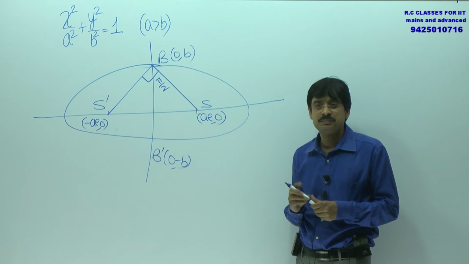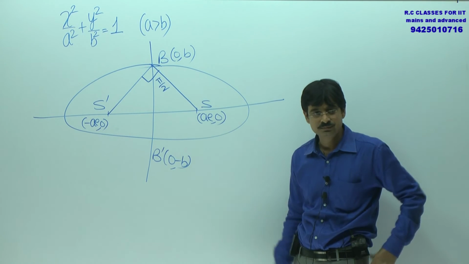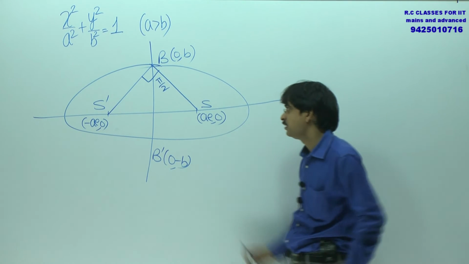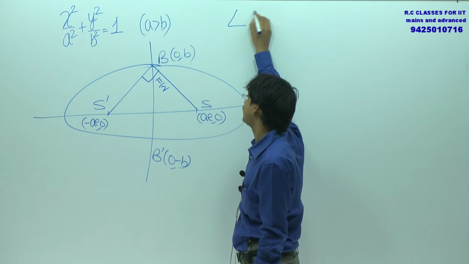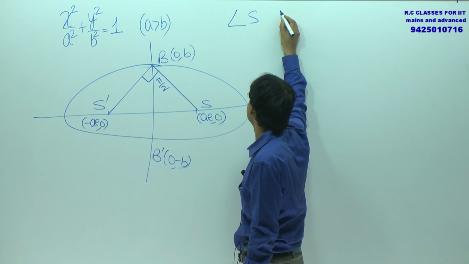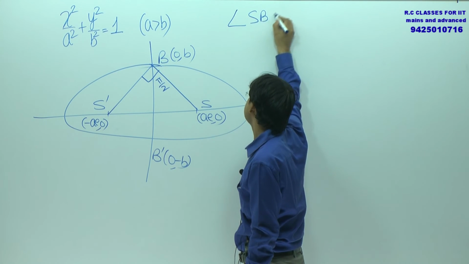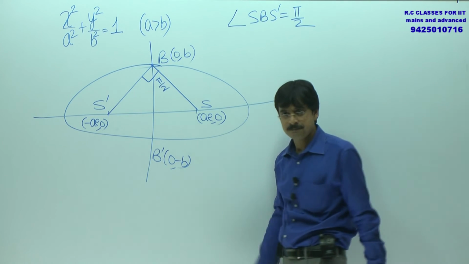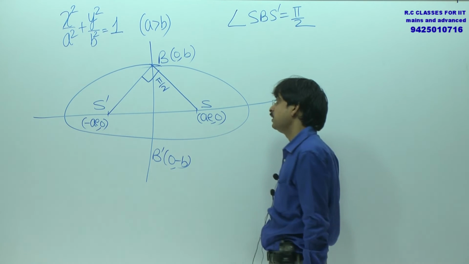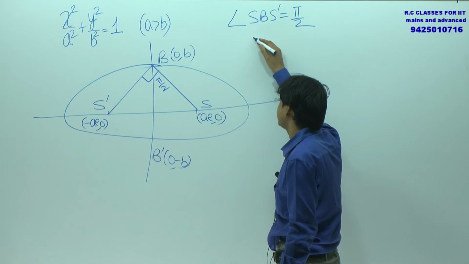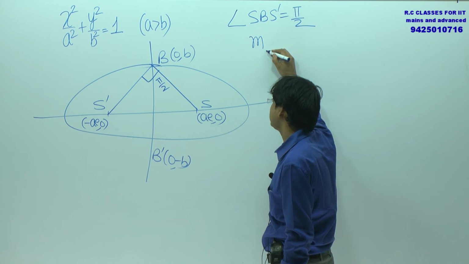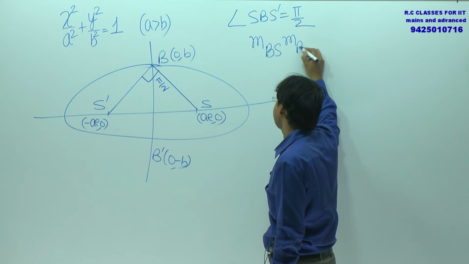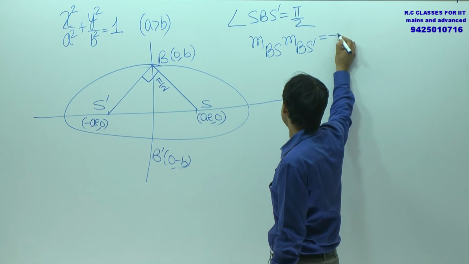Yes, what are we going to do? Angle SBS dash is equal to pi by 2. At the same time, you can definitely write the slopes m1 m2 equals to -1.